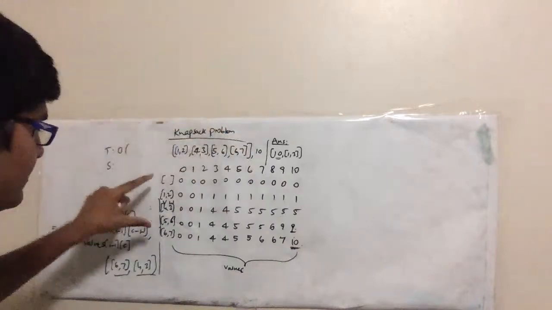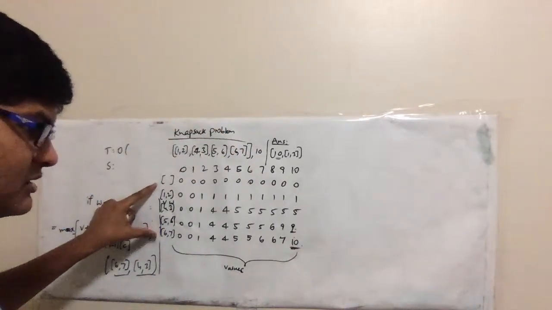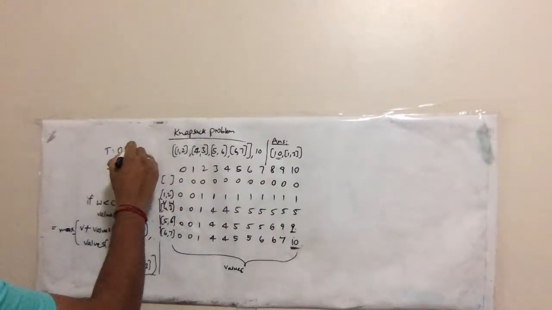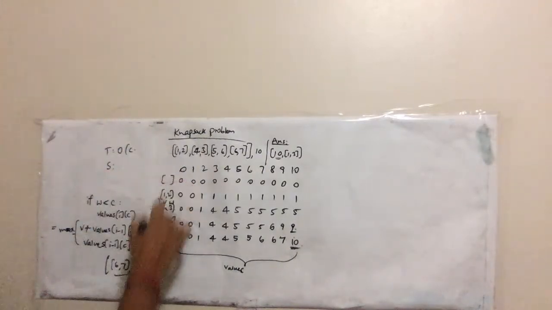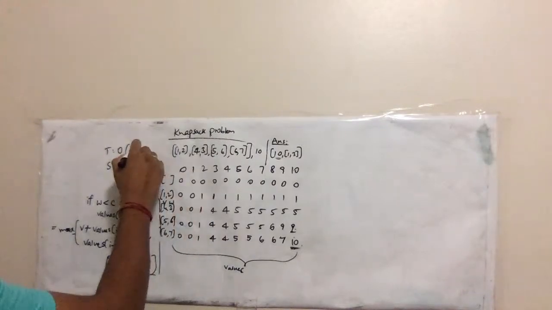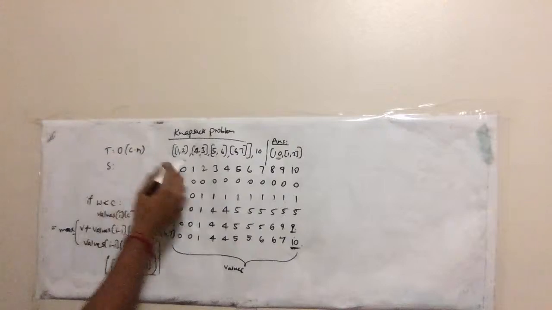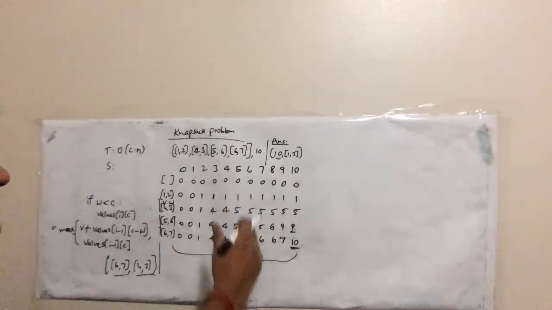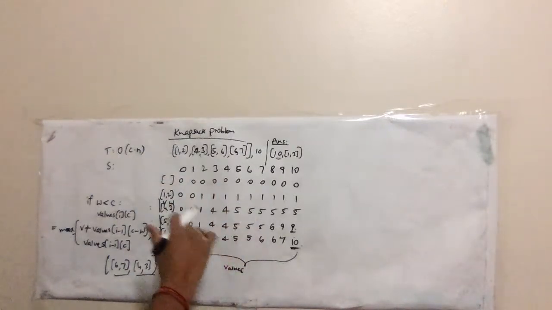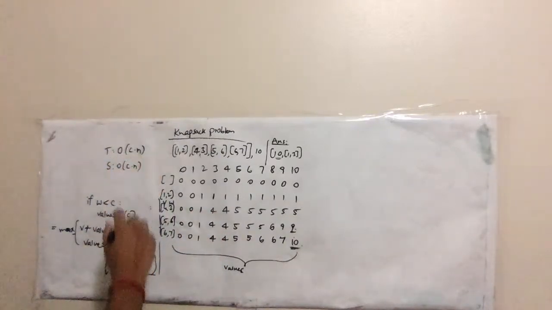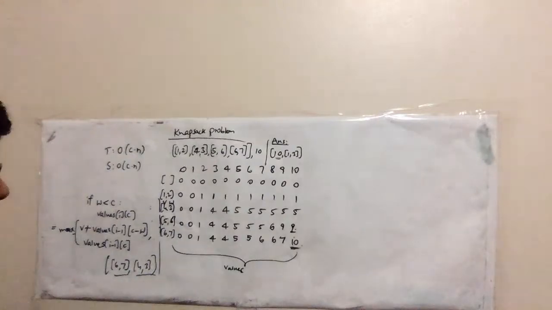So capacity times the length of the items gives the time complexity. If you take capacity as C and number of items as n, it will be C into n. And in the process, we are building a new array of size C into n. So these are the two complexities, and we need to implement this.